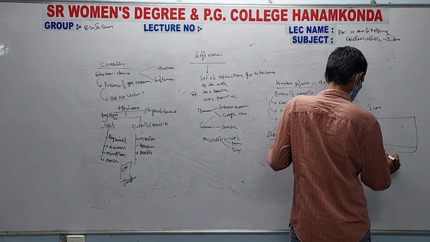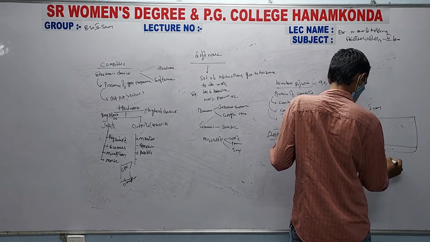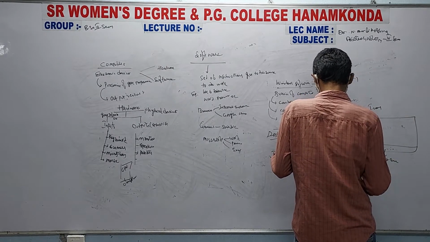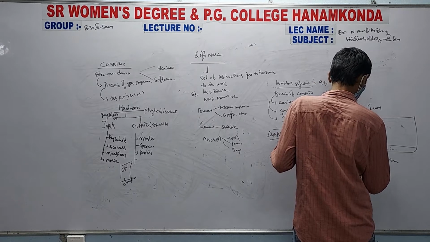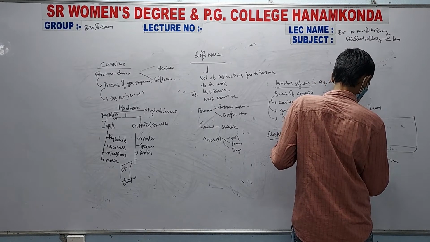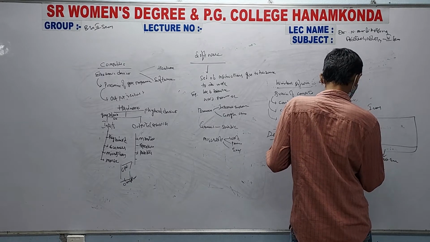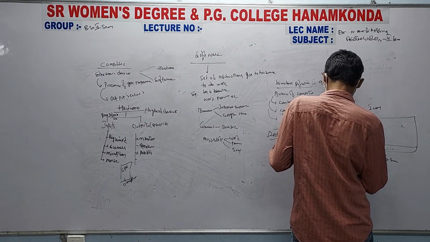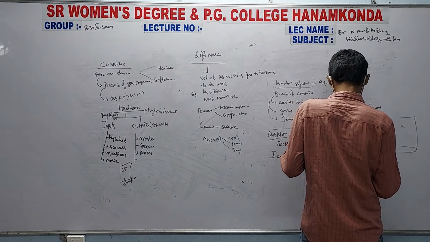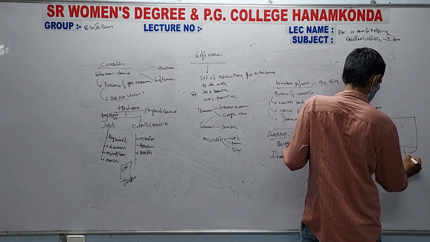The bottom line is called the taskbar. We have the quick launch bar, the start button, and the system tray.